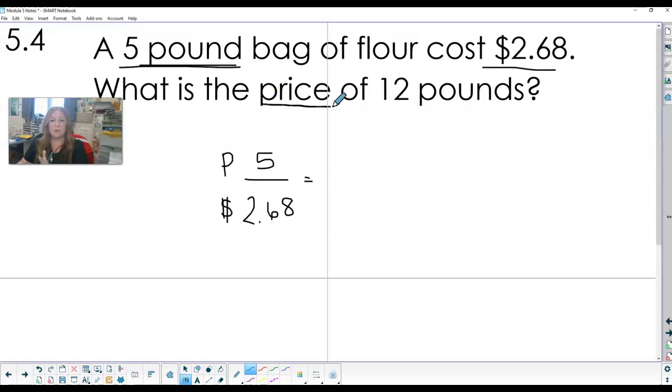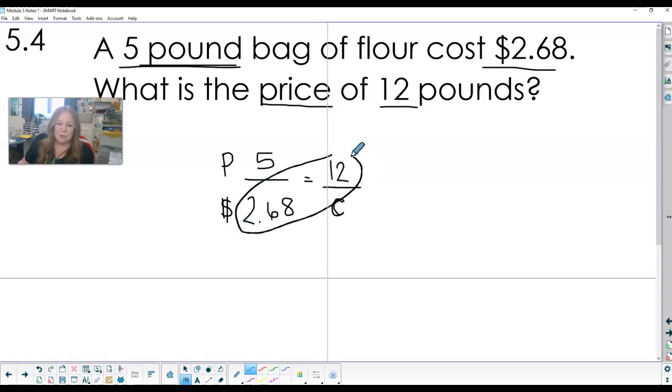We're looking for the cost, the price. So I'm looking for this here. What is the cost of 12 pounds, right? Pounds is on the top. There's my 12. So I want to get the C alone here.